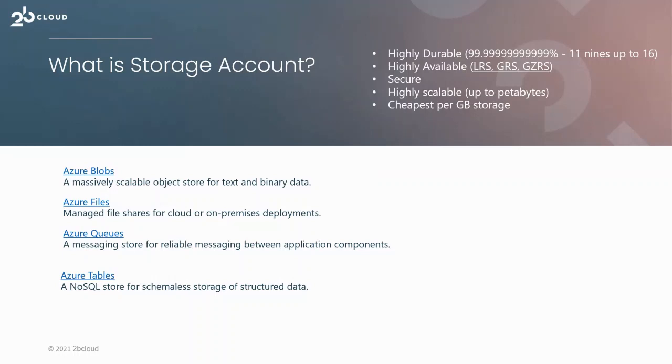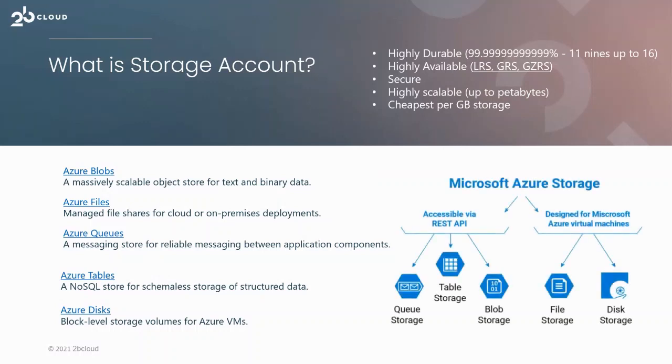It is fast and schemaless and referred to as a NoSQL database. And last but not least, Azure Disks. Basically, those are the VHD files that are attached to virtual machines as a disk. It comes with different availabilities of performance and management tiers.